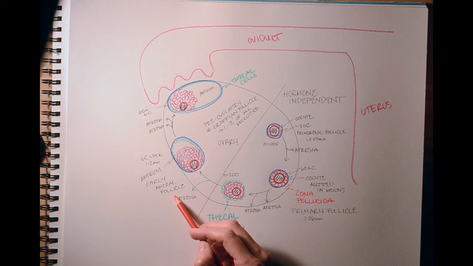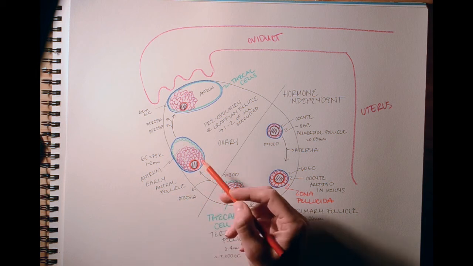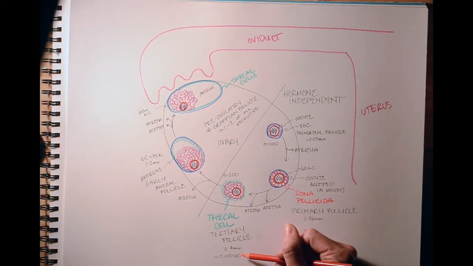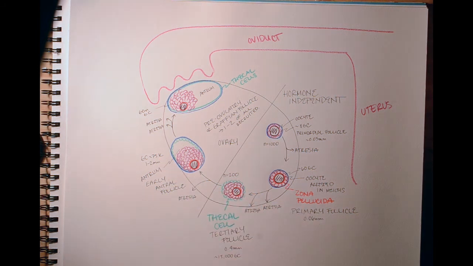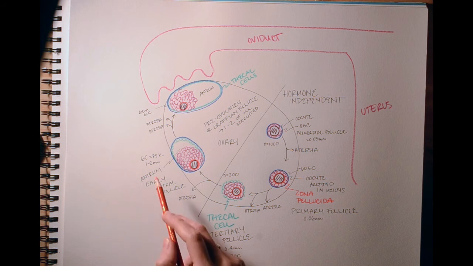Our granulosa cell compartment has increased substantially, so that we've gone from 15,000 granulosa cells up to about 75,000 granulosa cells. The size of this follicle is also greatly increased from approximately 0.4 millimeters up to 1 to 2 millimeters in size.